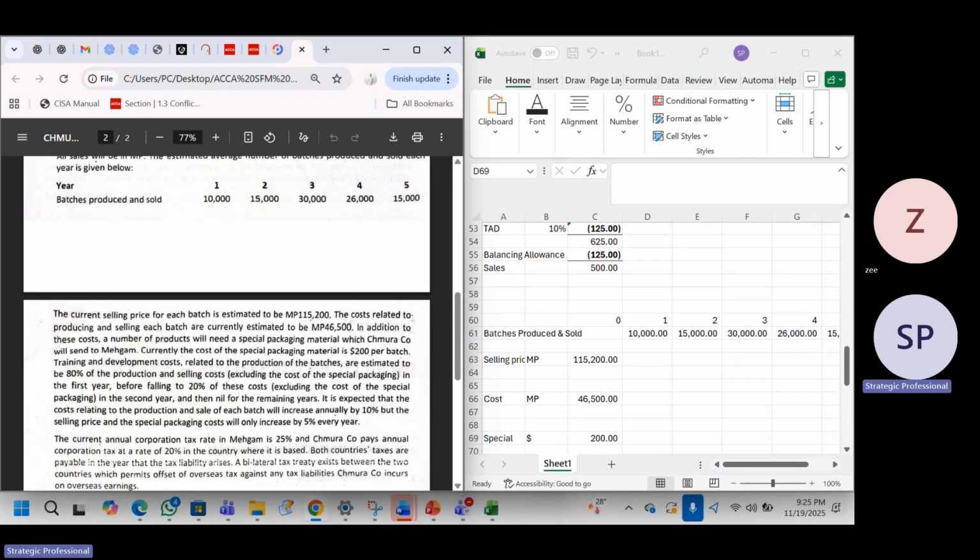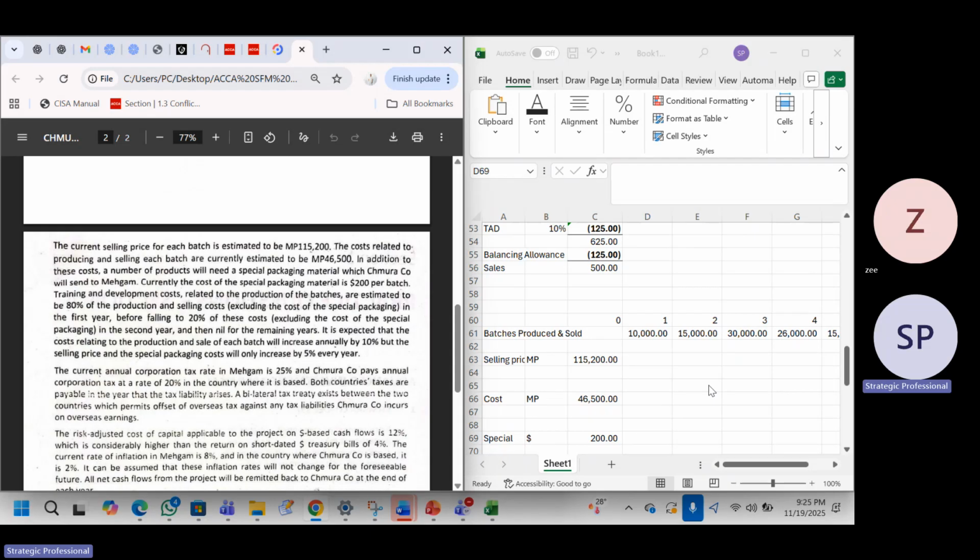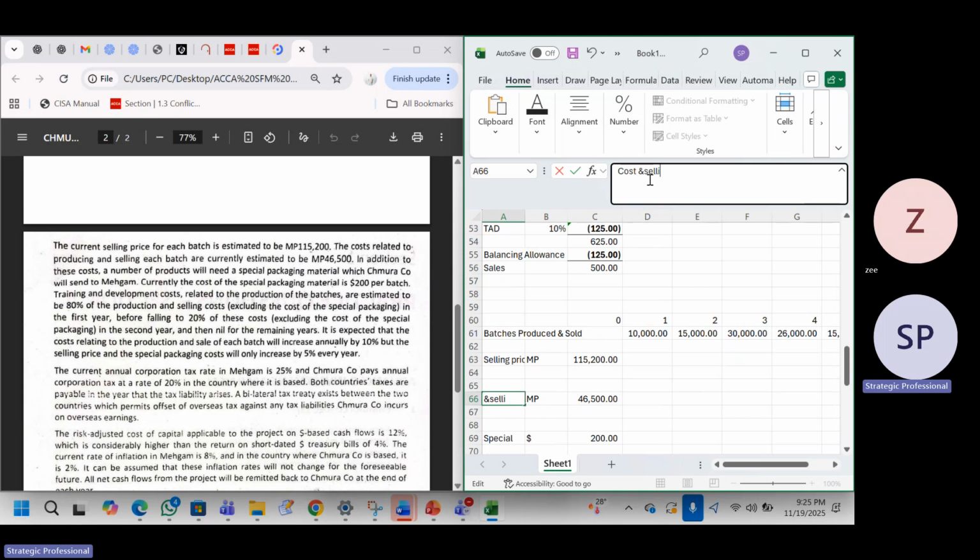So they said training and development. So it means that if I get the production cost, I'll be able to do training and development, right? Because it's 80% of whatever I have in my cost related to the production and selling of each batch.